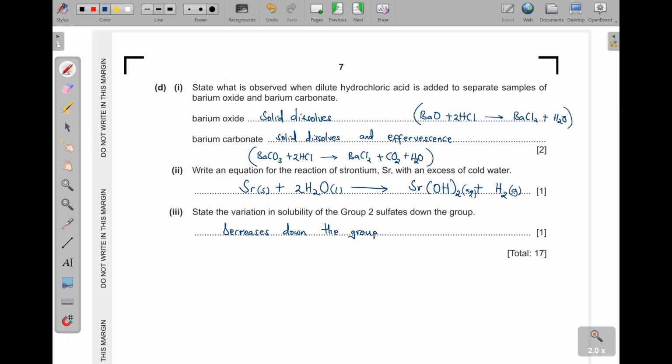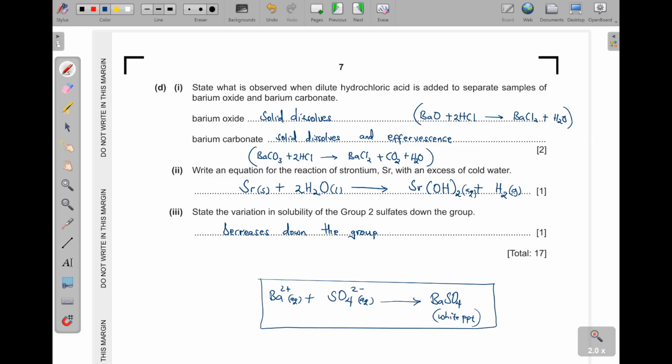That's why if you have a salt that has barium ions, because barium is down there in group 2, and then you get another solution that has sulfate ions, when these two come into contact, they form barium sulfate, which is a white precipitate, okay? So formation of this white precipitate just tells you that this one is insoluble. It is sparingly soluble, by the way. So it is gotten out by precipitation.